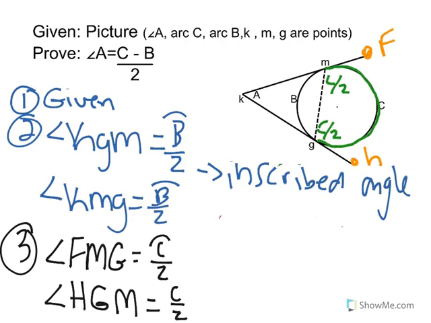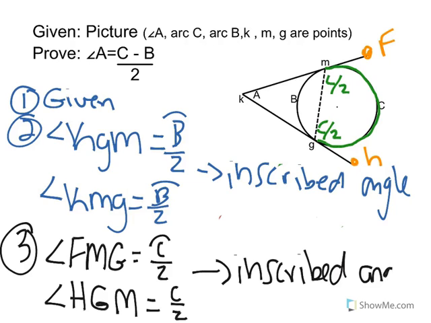Now those have the same reasoning because they're both inscribed angles. So really, all 4 of them could be written with that same reasoning, since they're all inscribed angles.